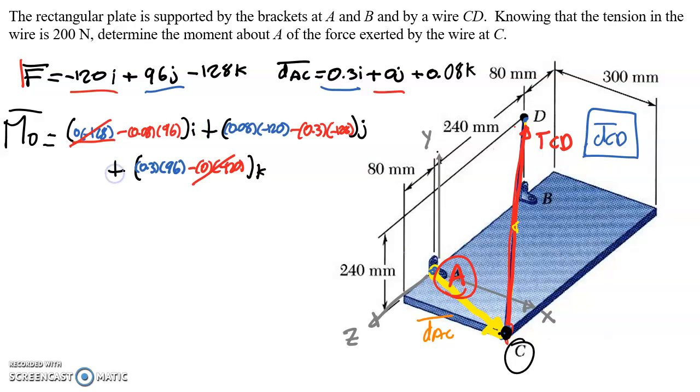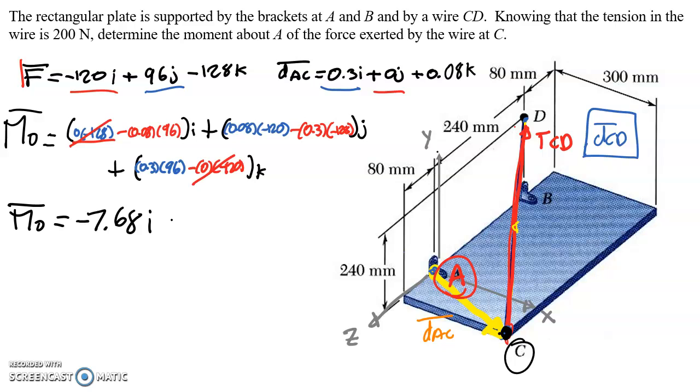So the result for the moment about O component is going to be given by minus 0.08 times 96, which is minus 7.68 in I. Then I will have 0.08 times minus 120 minus 0.3 times minus 128.